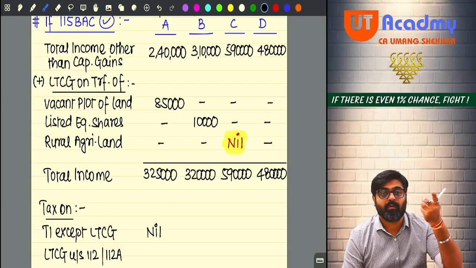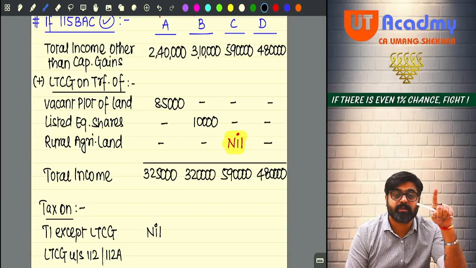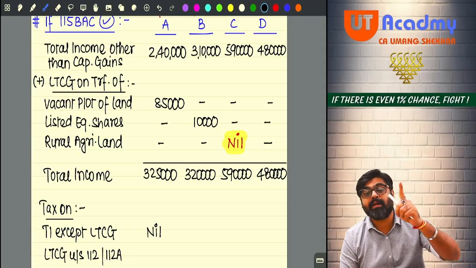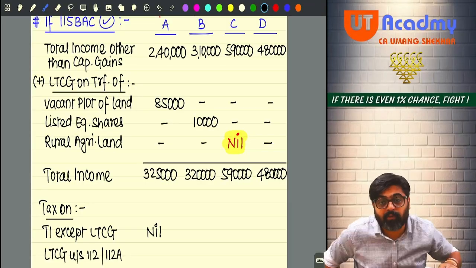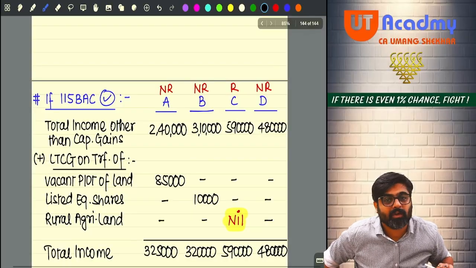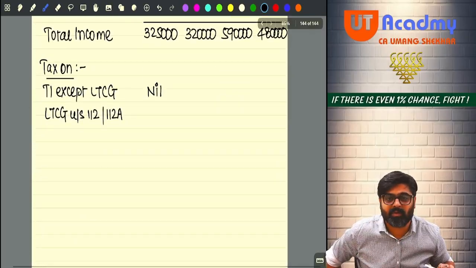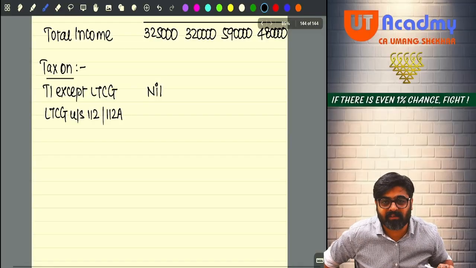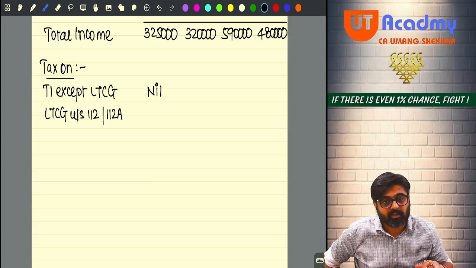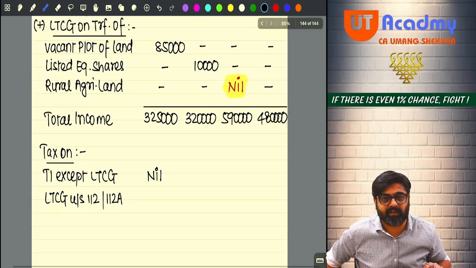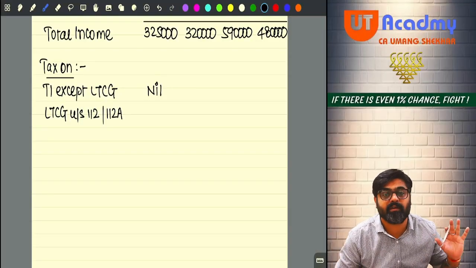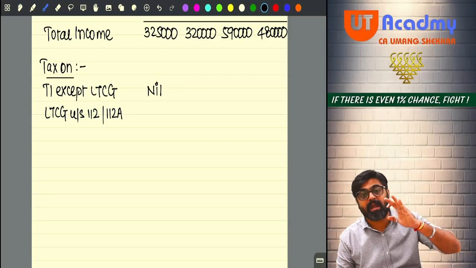So still you have unexhausted basic exemption limit of 60,000, which could have been adjusted against long-term gain if you were a resident. But since you are a non-resident, that amount of unexhausted basic exemption limit cannot be adjusted out of your capital gain. So on the entire amount of 85,000, now you are going to pay tax at the rate of 20% because the transfer was made prior to 23rd July.